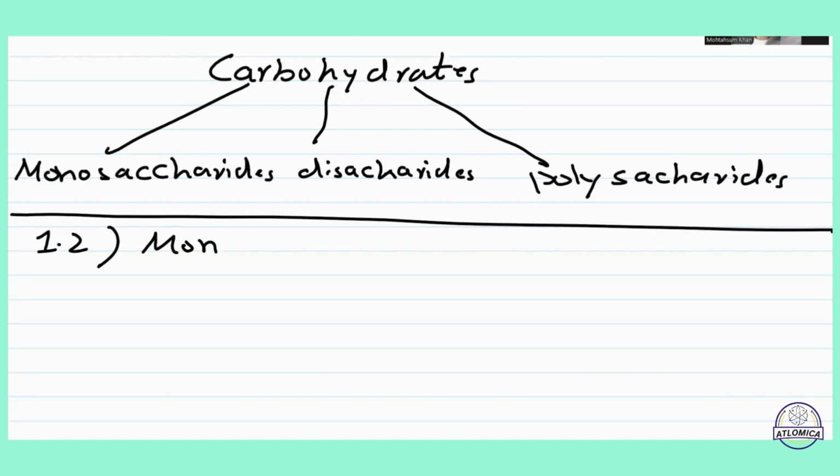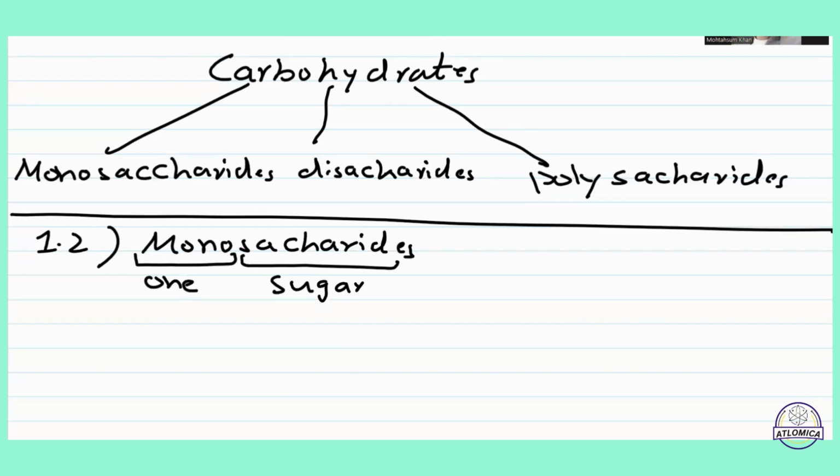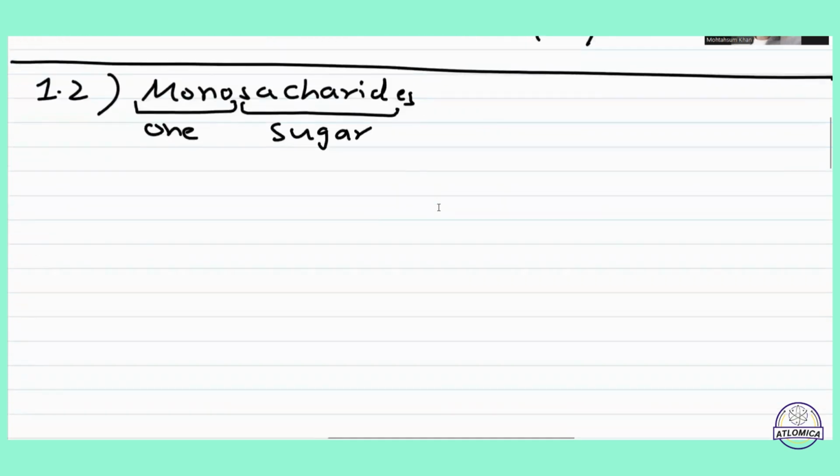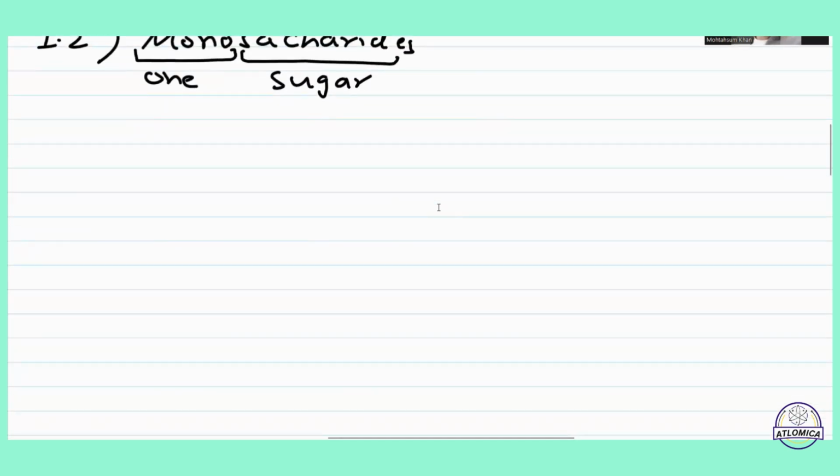What are monosaccharides? Mono means one, and saccharide means sugar. So what are we talking about? We are talking about a single sugar molecule. Okay?